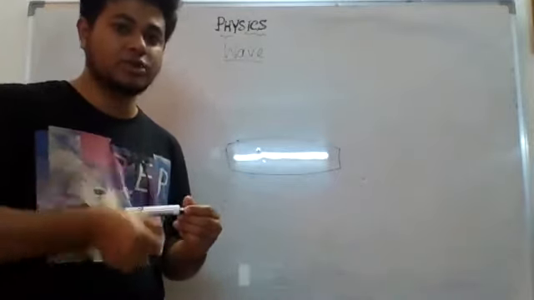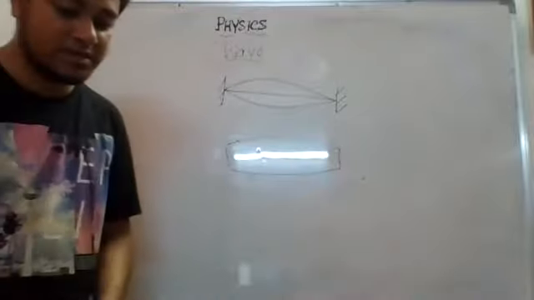When I make it vibrate, it will look like this. At first I fixed it, then I hold it and pull it and leave. So what will happen? It will vibrate. Sometimes it will be like this, and when it comes down, you will see it like this. So this is the figure they have drawn.